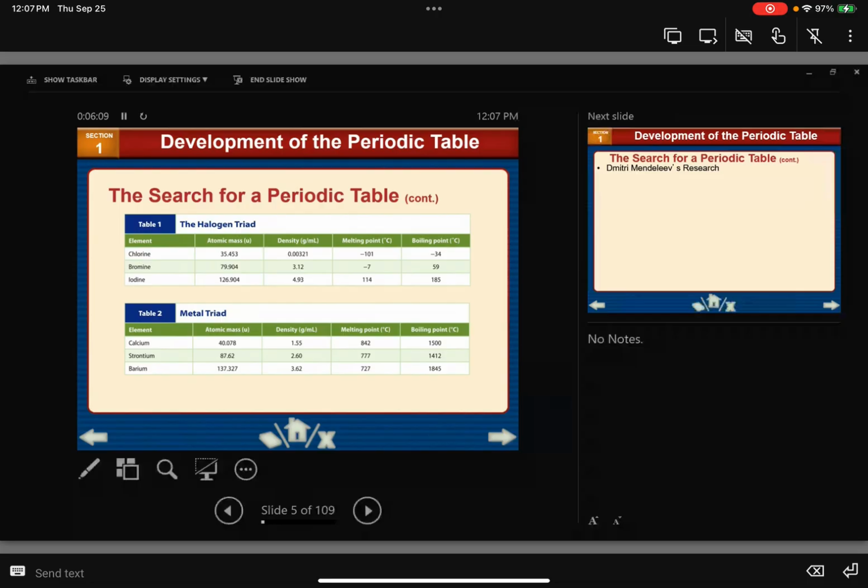So there are similarities between them. They were looking at physical and chemical properties, but he thought they were more related to the atomic mass than anything, which we now know is not true, that it is related to the electron structure. And that's how we organize our periodic table now.